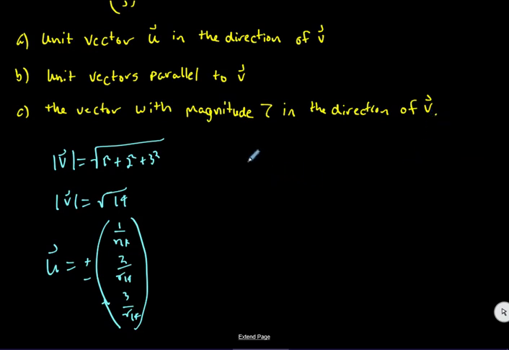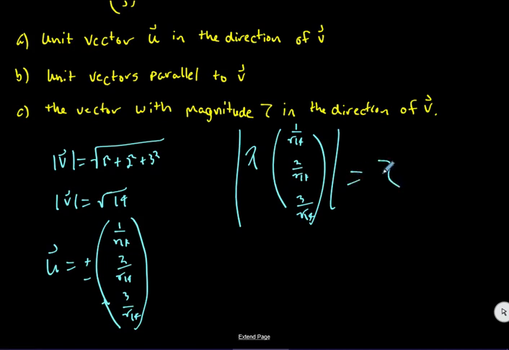So I know I'd have to take some lambda times my unit vector, which is 1 over this vector right down here. I'd have lambda times my unit vector, which is 1 over square root of 14, 2 over square root of 14, and 3 over square root of 14. And then if I find its magnitude, it's got to be equal to 7.